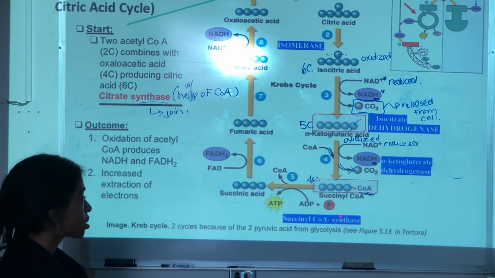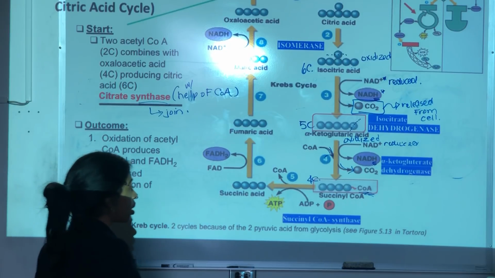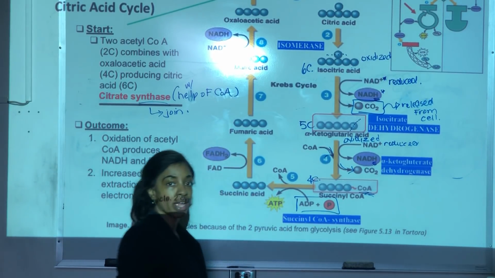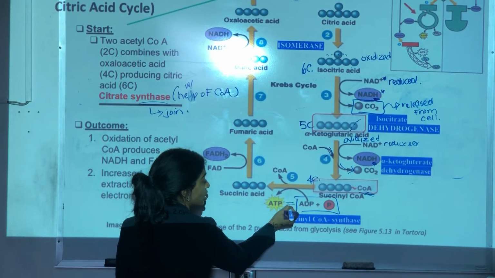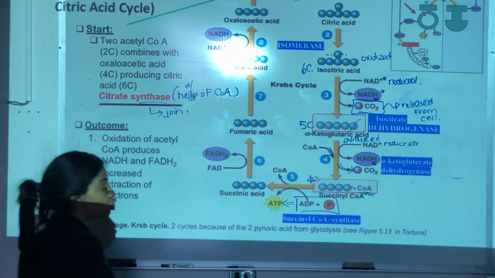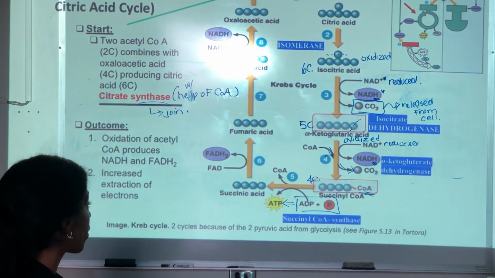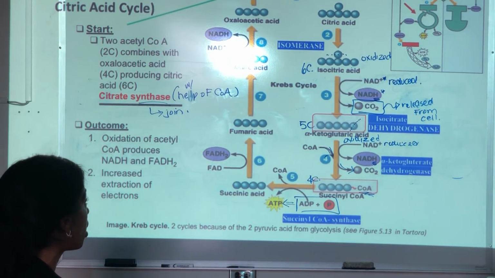Succinyl-CoA synthetase will bind to succinyl-CoA in step 5 and convert it to succinic acid. In this step, what's being joined is the ADP with phosphate, so that way you can make ATP. Right? So synthase to join, and it's joining your ADP with your phosphate for phosphorylation. So the cell gains energy.